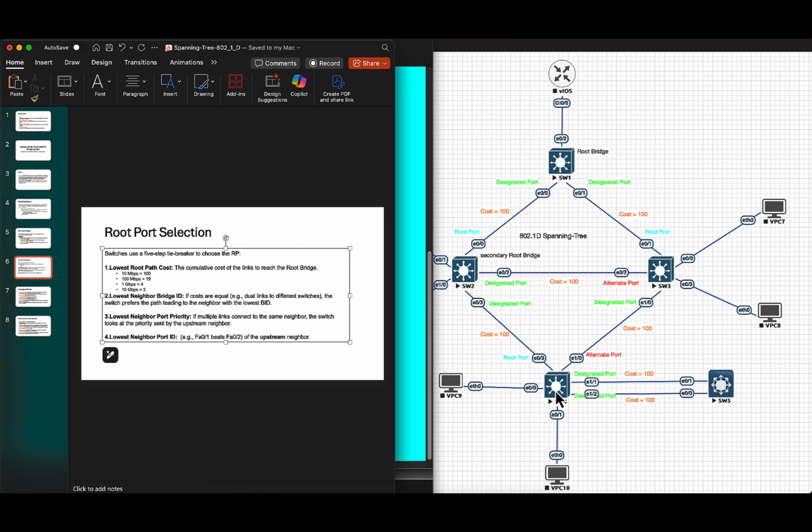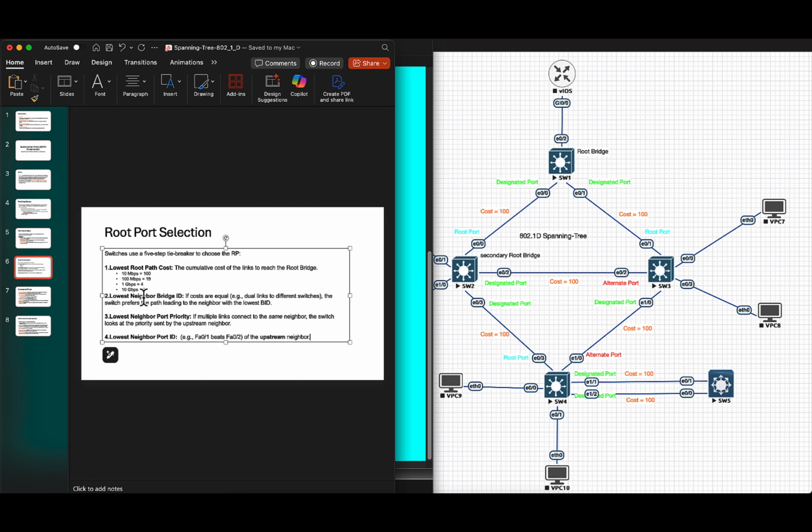For switch 4, it has to use a different tiebreaker than the path cost, right? So it uses the neighbor bridge ID.